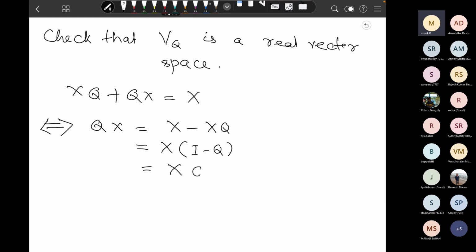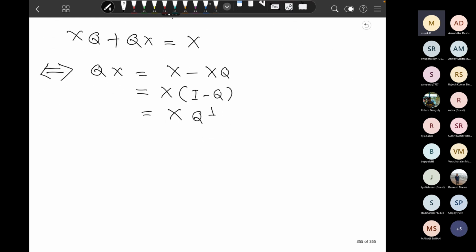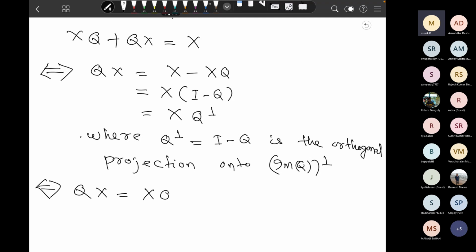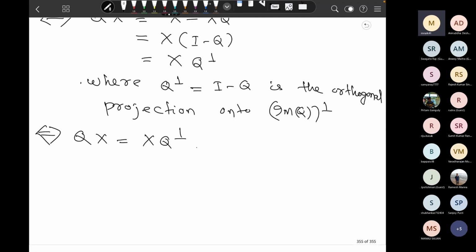This is X Q perp, where Q perp is equal to I minus Q, and this is the orthogonal projection onto image of Q perp. So that gives QX is equal to X Q perp.